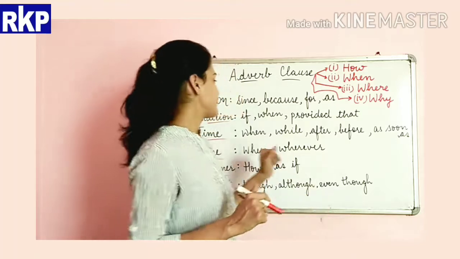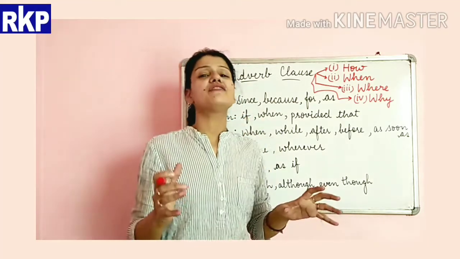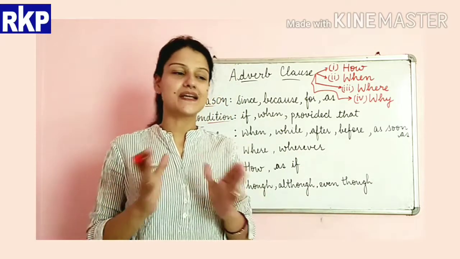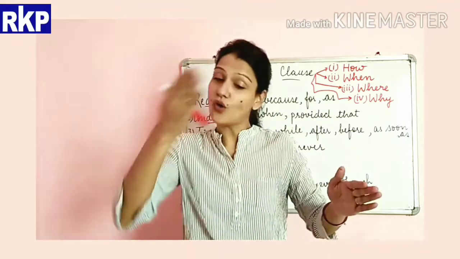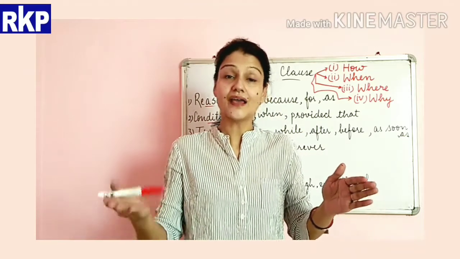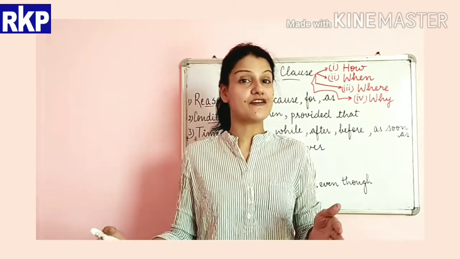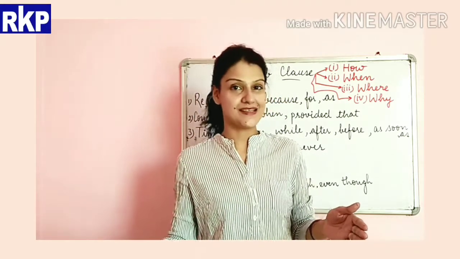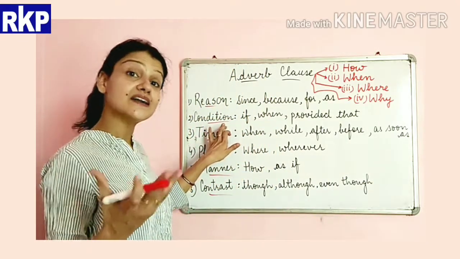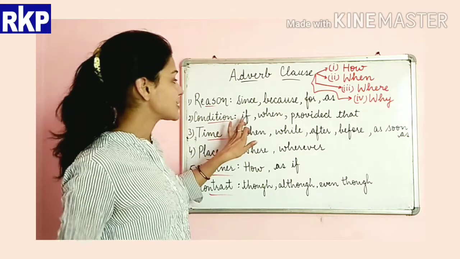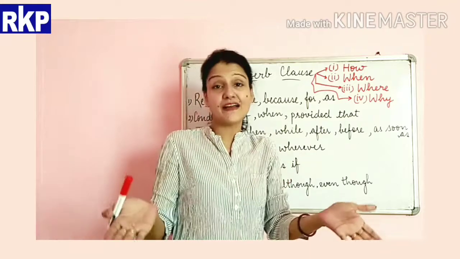Now, condition. Whenever we have a condition in the sentence, beta, it means something is dependent on the other thing. Like if this thing happens, then only the second action will take place. For sentences in which there is a condition, we use conjunctions like if, when, provided that, or alone, provided also.